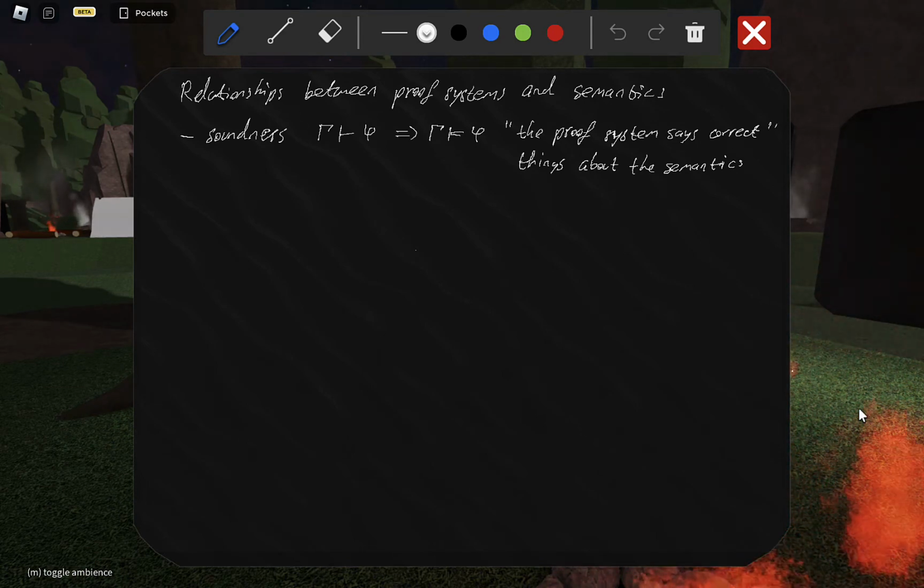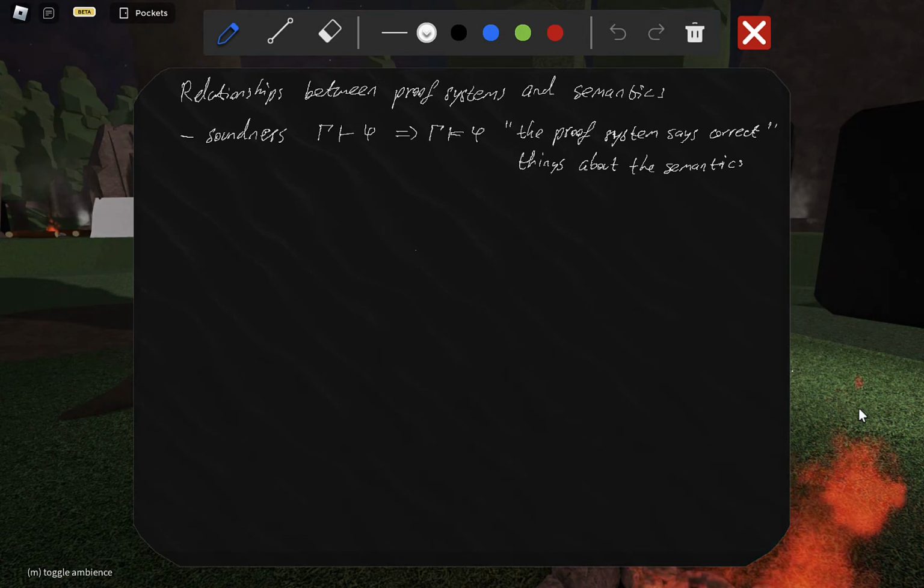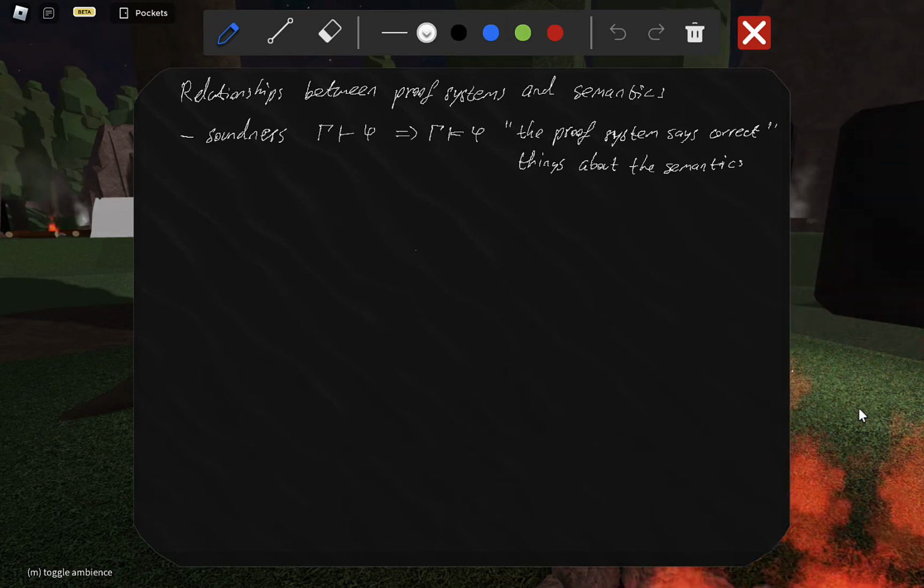And Dan, you proposed another reading where the proof system is more fixed, and maybe you're choosing the semantics, and some choices of semantics might not be sound, and some will be. Yeah, that's right.